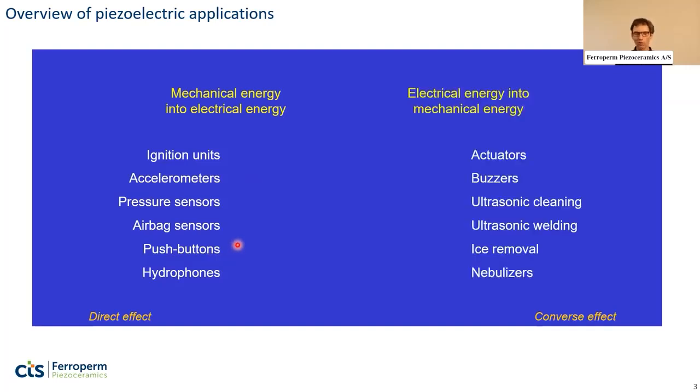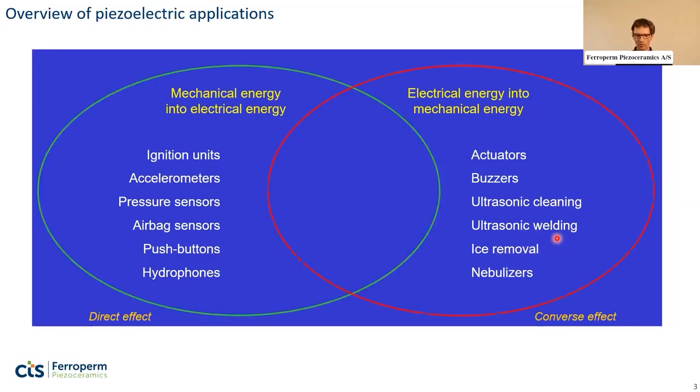So moving now to the converse effect. One example that I showed last time was the buzzer, a kind of loudspeaker where you convert the electrical signal into some vibration. I can also mention ultrasonic cleaning and other examples on the list. You will see some examples in a moment. And finally, on this slide, quite a few applications use both effects.